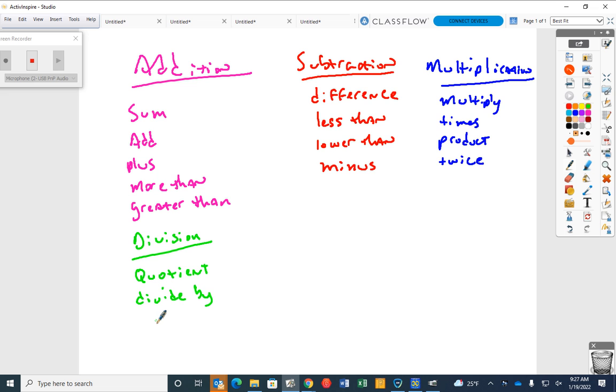Sometimes you see the word into, like how many 3s go into 12. What's one more? Over, okay. Grouping is probably more along the lines of multiplication.